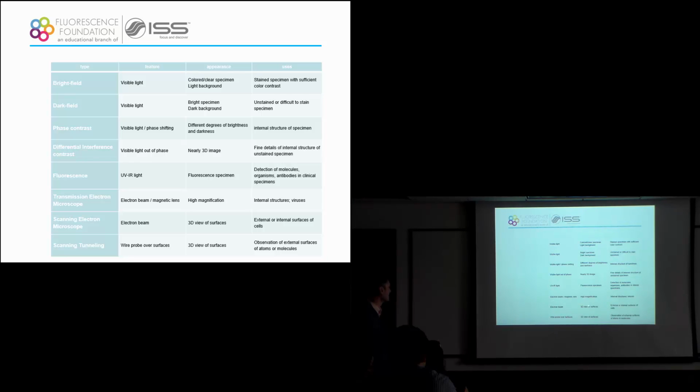There are, of course, electron microscopes, atomic microscope, different techniques, DIC, phase, but we will focus only on the fluorescence microscopy. And specifically, I will talk a little bit about fluorescence microscope, and then go into the confocal microscope, which is a subset of the fluorescence microscope, and mention the application of multiphoton microscopy.